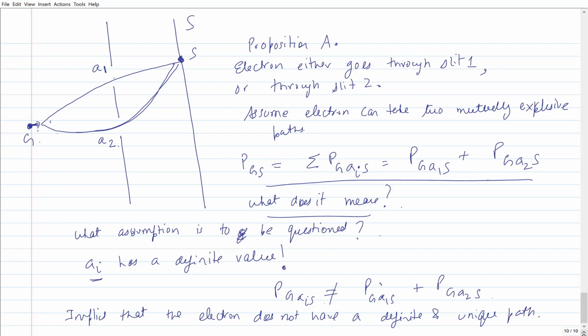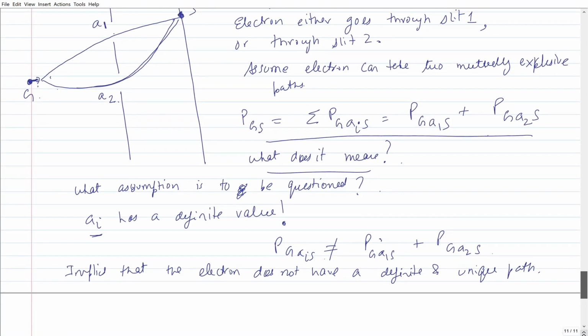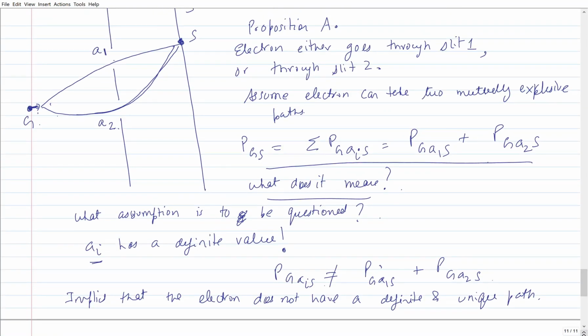So this is something very subtle. It is not that I do not know the value of A1 or A2. If there exists any A1 and A2, then I have no other alternative but to add these two alternatives. Remember we were doing this discussion about fundamental uncertainty because of quantum mechanics.